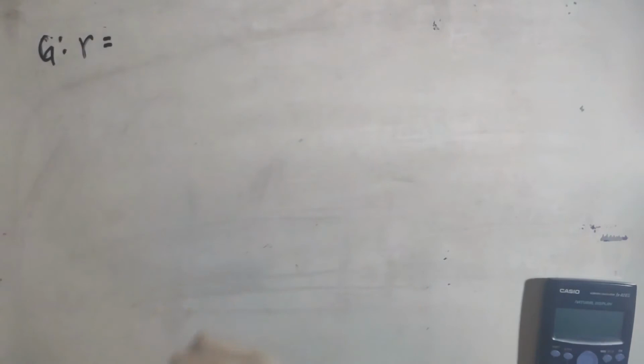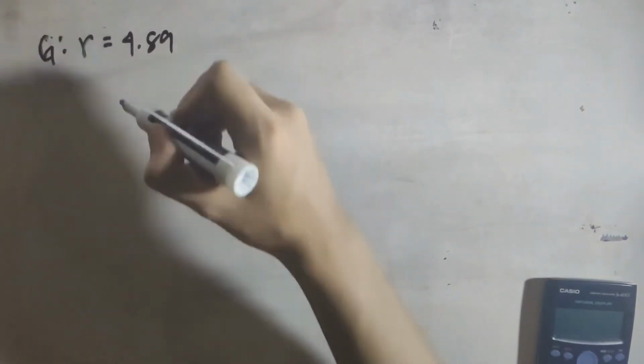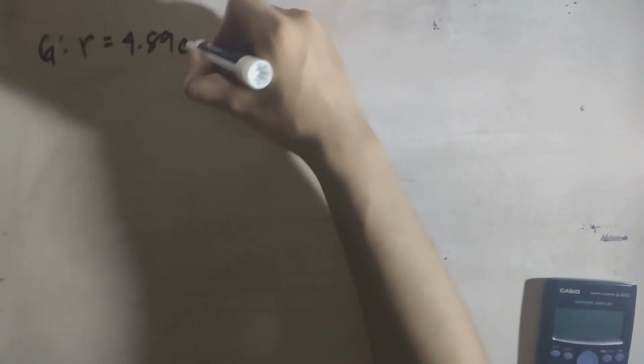Okay, for our fourth problem, so the given for that, we have a radius. Alright, so this time we are given a radius, so that would be 4.89. The unit is in centimeters.